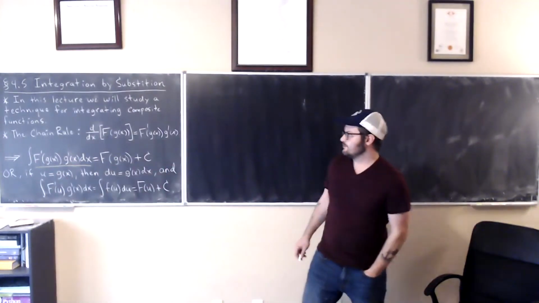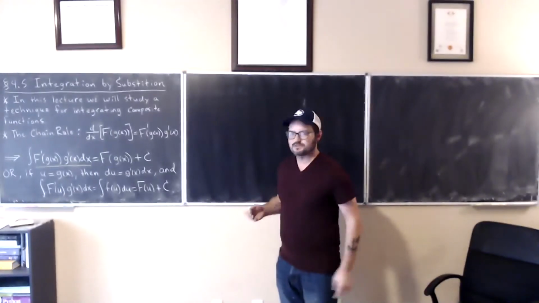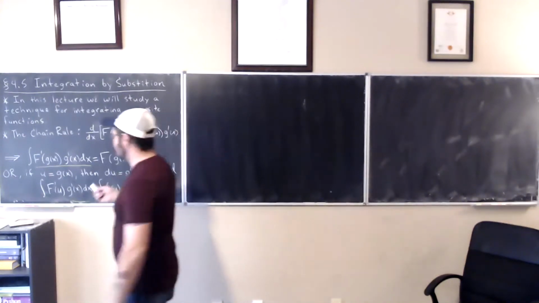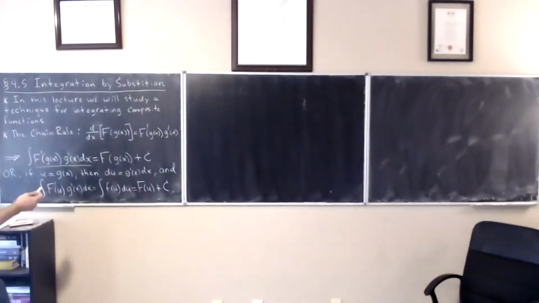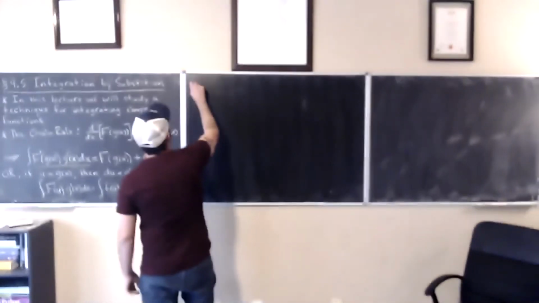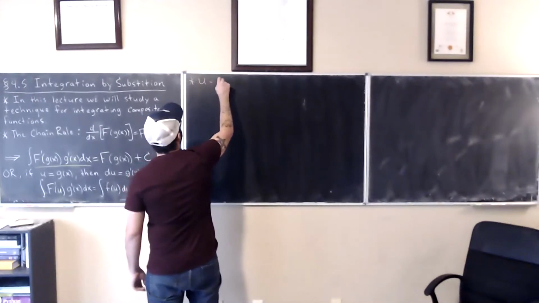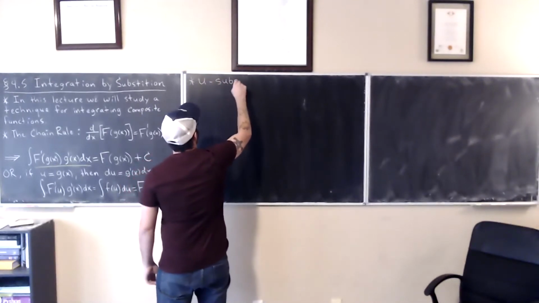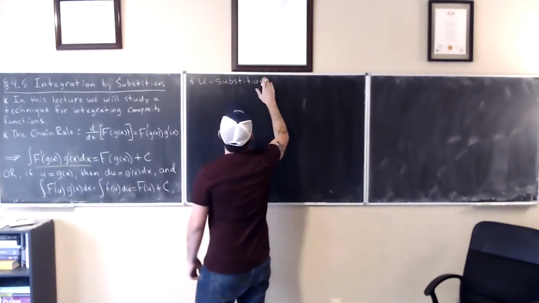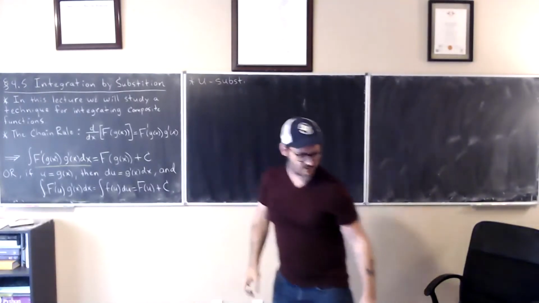Now, this might seem convoluted and it might look messy, but trust me, when we start doing examples, you'll see that it's not so bad. In particular, we're going to focus on a technique called U substitution. Well, actually, what does your textbook call it?